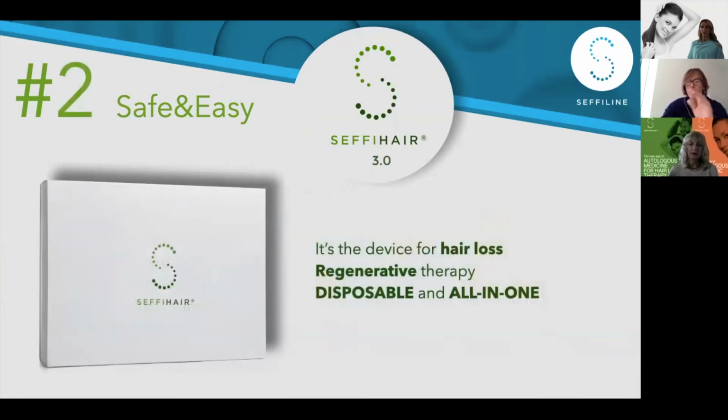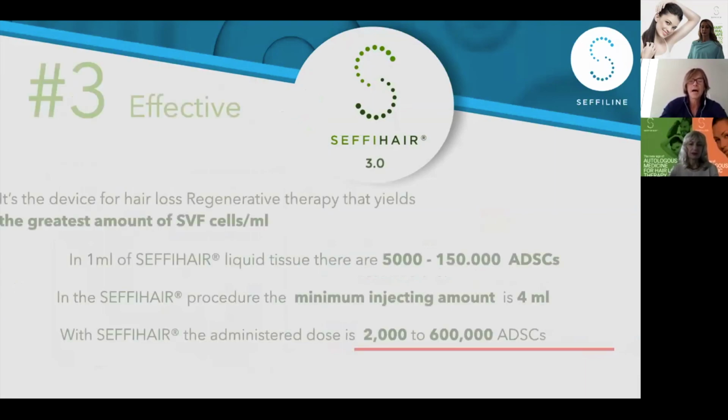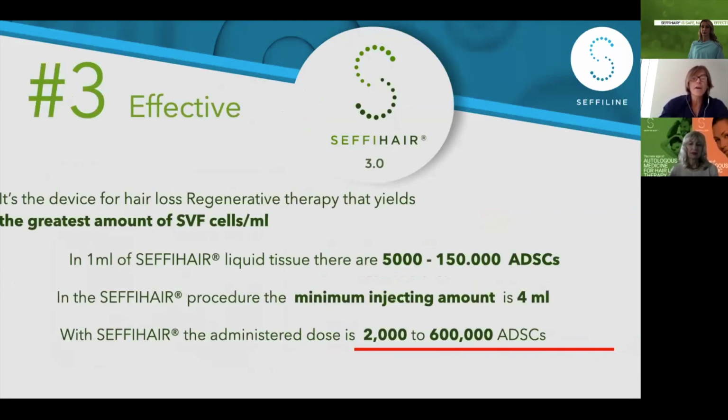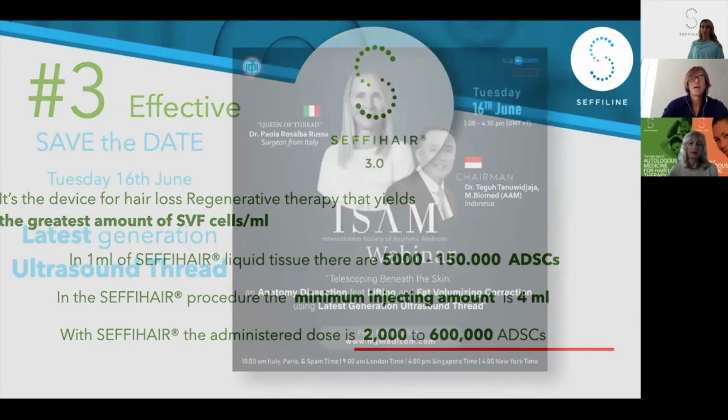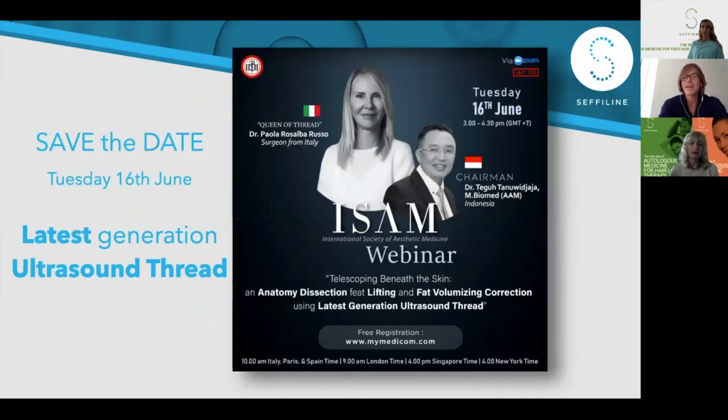Thanks to the guide, is disposable only one, the same of SEFFILLER, and it's the device for hair loss regenerative therapy that yields the greatest amount of stromal vascular fraction now on the market.